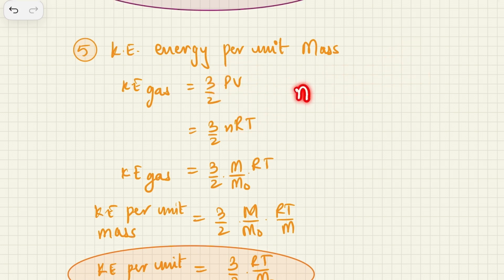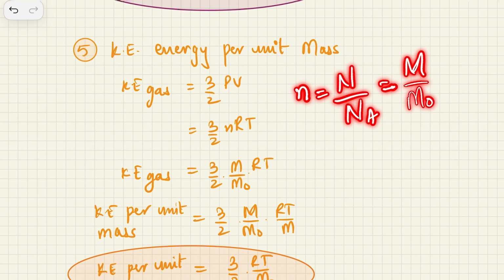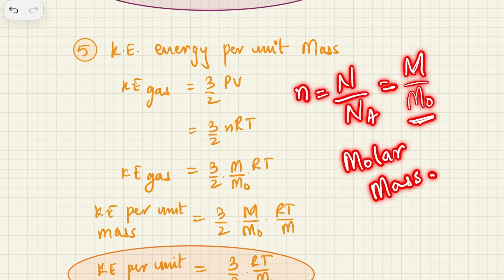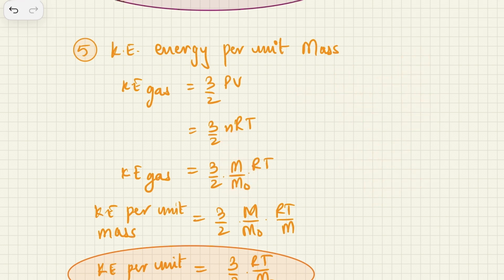Now the number of moles can be written by two methods. One is the number of molecules divided by Avogadro's number, and the second is the mass of gas upon the molar mass. So M0 is the molar mass of a particular gas. So wherever there is an n, I have written M upon M0, molar mass. Now this is the kinetic energy of a gas, but if I want to find out the kinetic energy per unit mass, I'll have to divide this by the mass of gas.